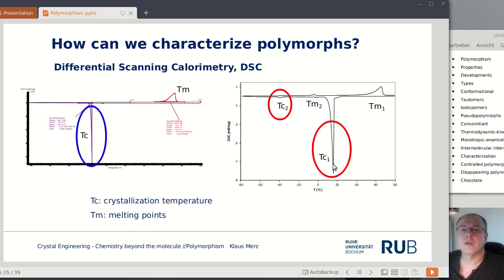You have a crystallization temperature, a melting point, and additionally, once again, you have a second melting point, and then a second crystallization temperature. Well, in this case, it was obtained in crystallization of the polymorphs.